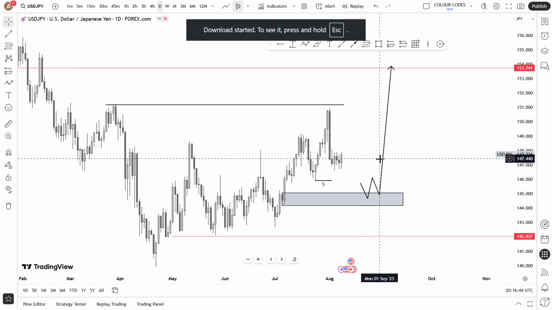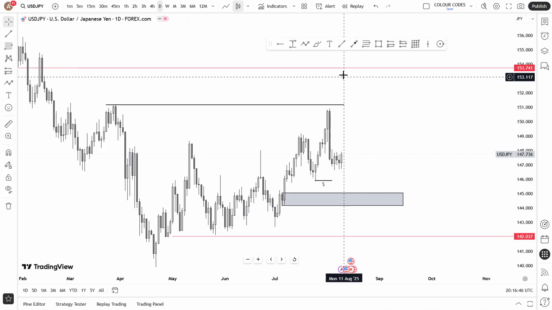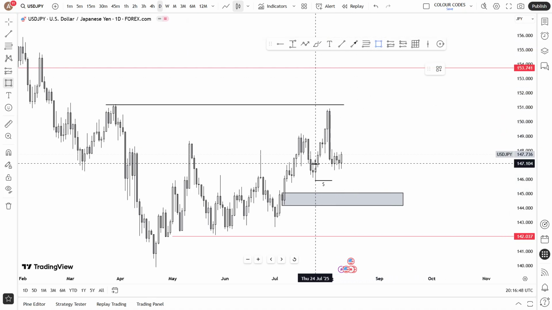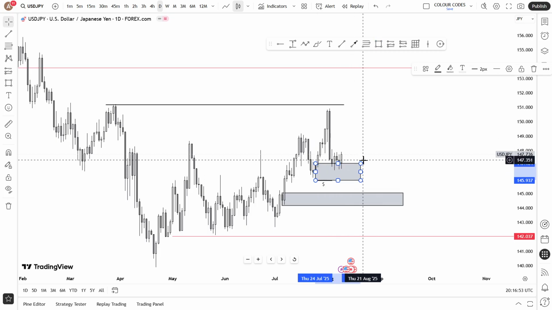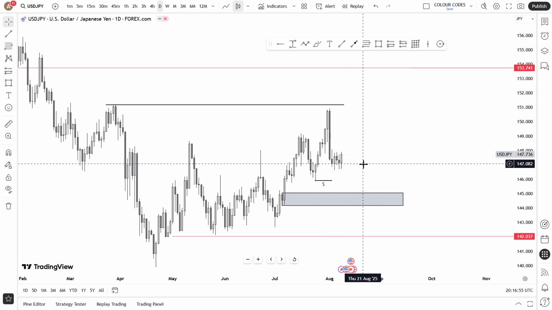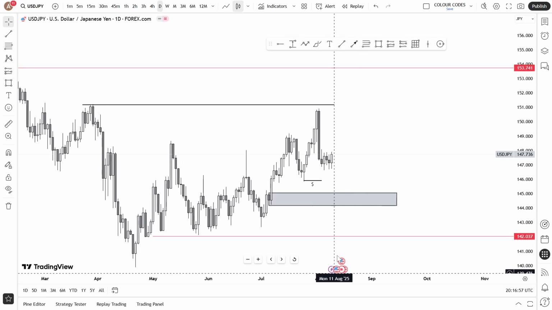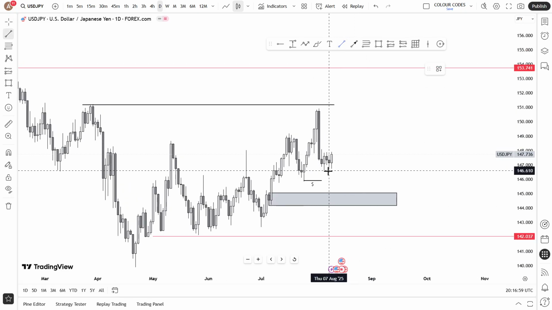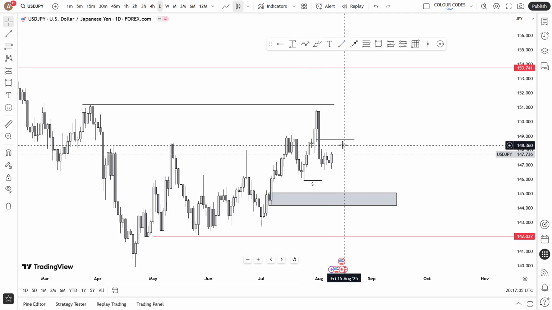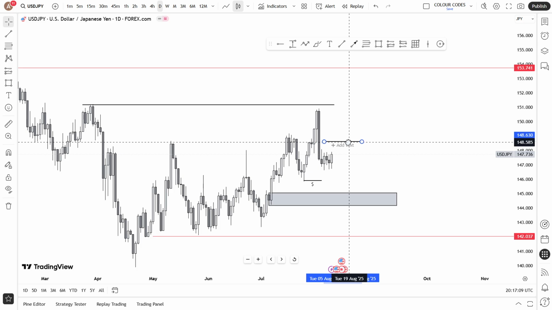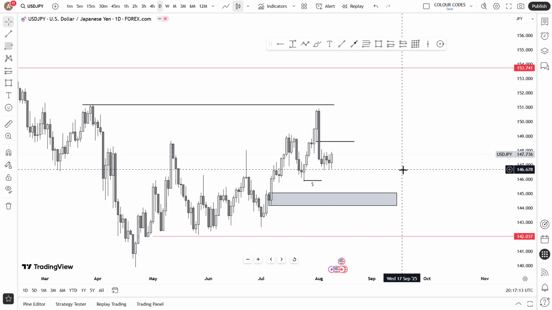But currently price is in an order block as well. But it will be called an inducement because there is liquidity right below that order block. Sometimes it holds, but not for the long term. So what can we say? If price should buy from this particular zone, then it is coming to fill this particular fair value gap.